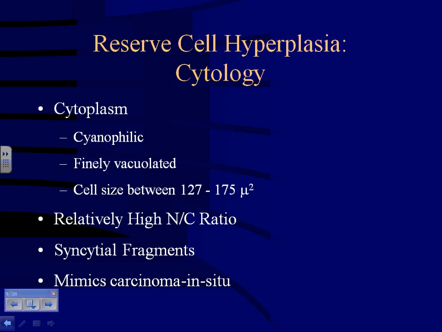They can occur as syncytial fragments, where the cells can be overlying each other and you can't make out their cell borders. Because of that syncytial arrangement and the high NC ratio, it tends to mimic abnormalities such as CIS, which you'll learn about in the next module in much more detail.